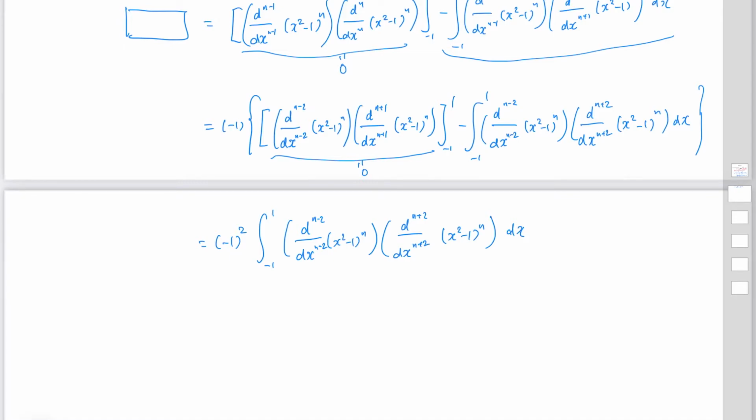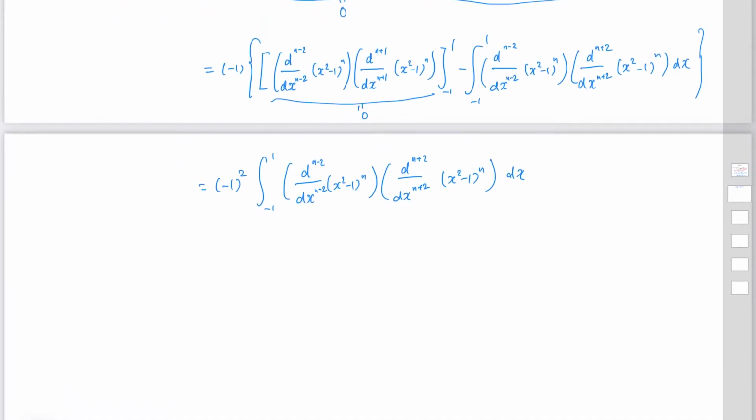If you keep applying integration by parts n times, you can easily imagine this is minus 1 to the n, the integral of (x squared minus 1) to the n times the 2n-th derivative of (x squared minus 1) to the n, dx.